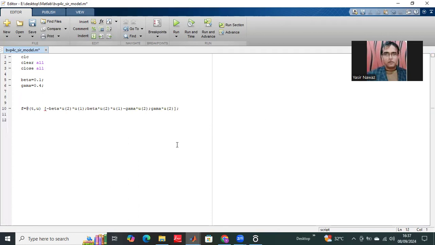That's the function containing the right hand side of the three differential equations.